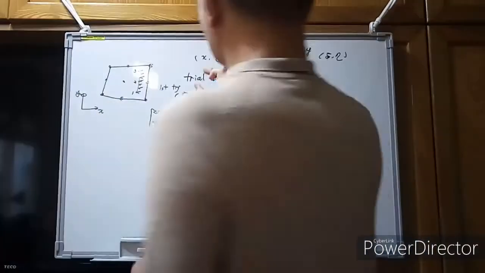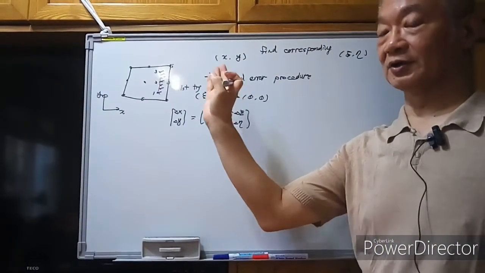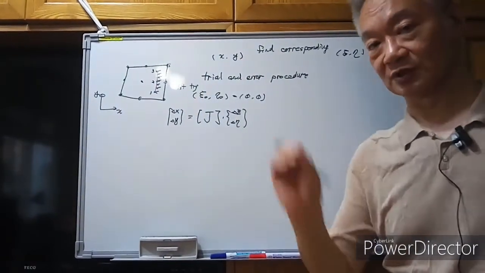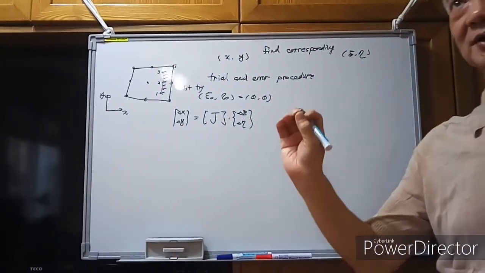Okay, since we know the target x and y value, that's the location we like to find the corresponding xi and eta.